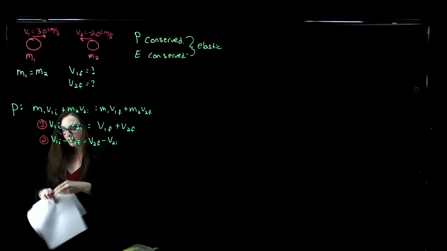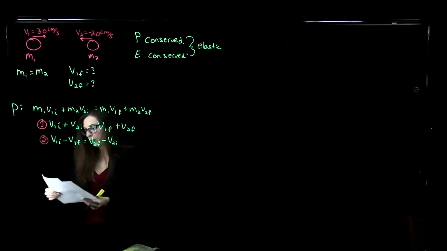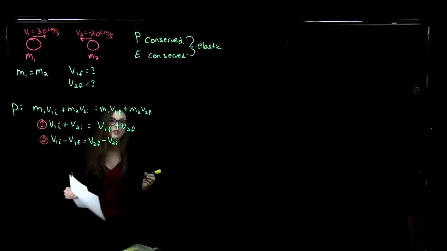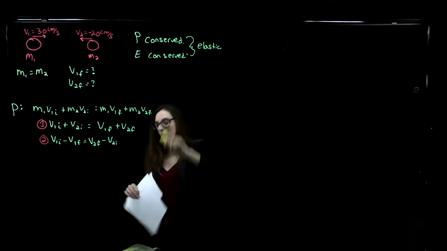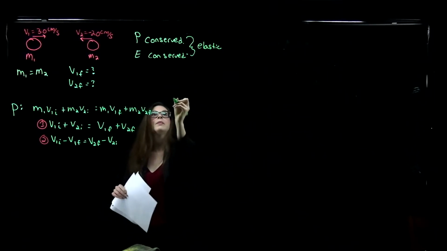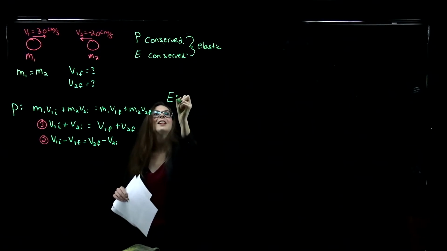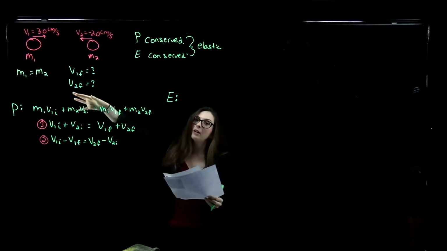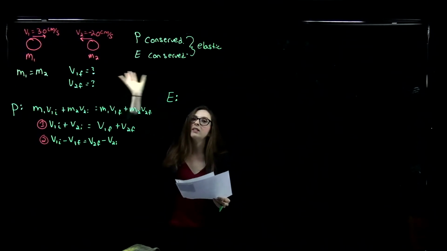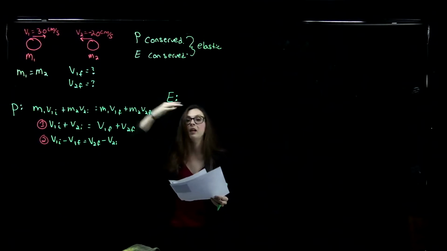Okay? And then we are going to look at conservation of energy for this problem. Okay? So we're going to call that E. Here, conservation of energy. And so then that means that the sum of all the energies in our system before the collision has to equal the sum of all the energies after the collision.